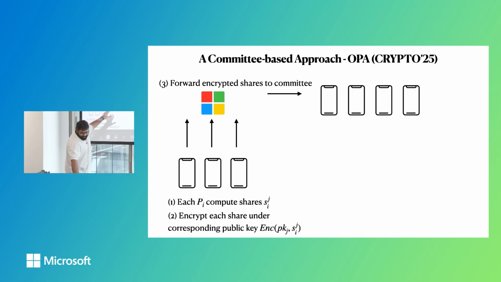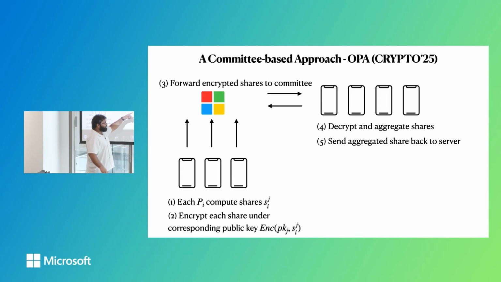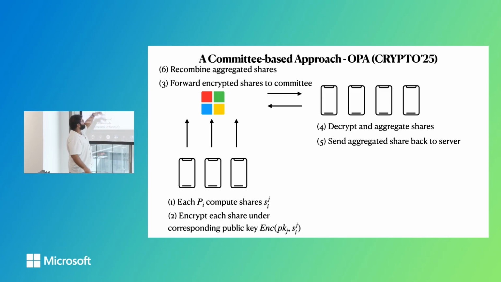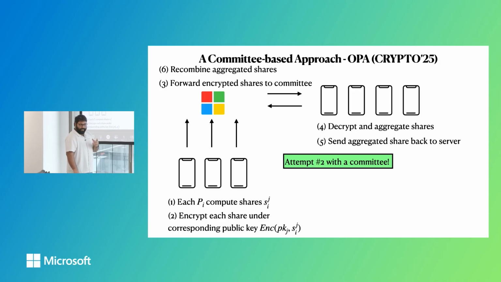Then the committee decrypts and aggregates those shares as we saw in approach 2, and sends the aggregated share back to the server, and the server recombines these aggregated shares and computes the final output. So rather than using 2 servers, they use a committee, which is basically just clients. You don't need them to do any PKI between themselves, which is much better.